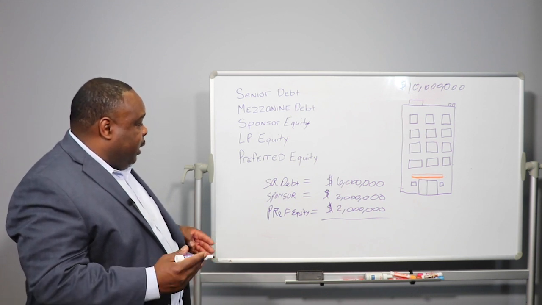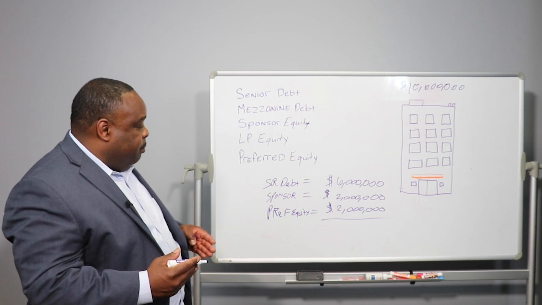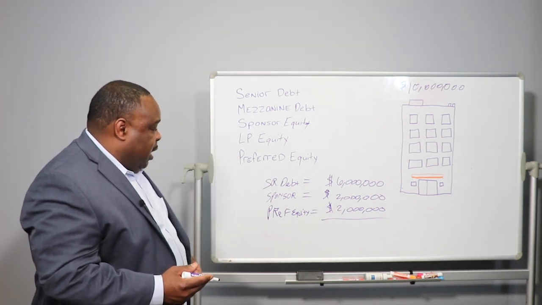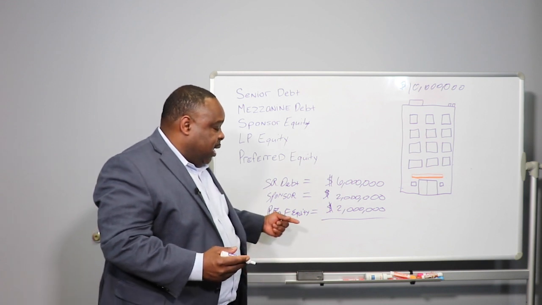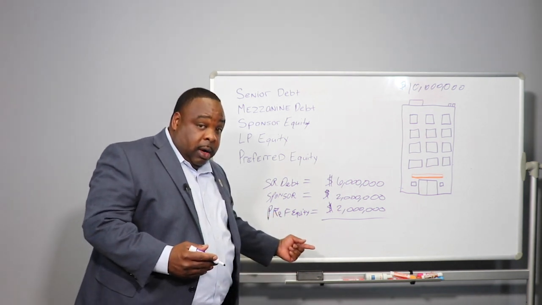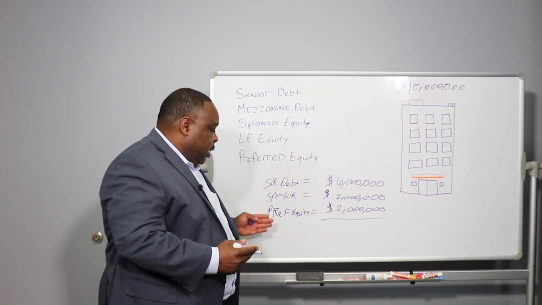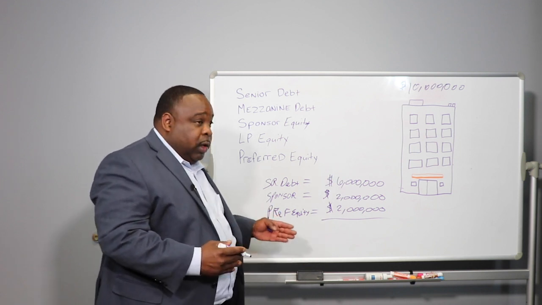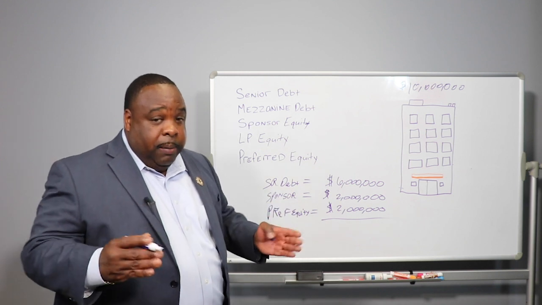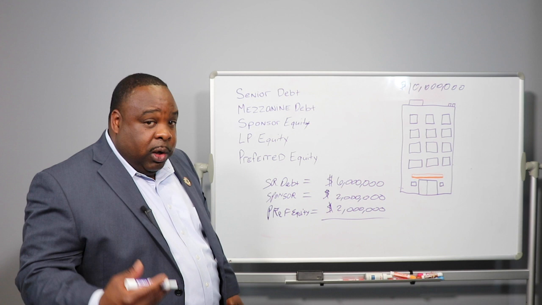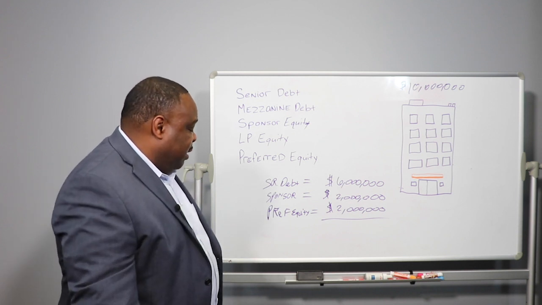But pref equity can be expensive because it's very similar to mezz debt. It's going to collect a preferred rate of return. That's why we call it pref equity. And again, we can have a podcast where we just talk about pref equity by itself and go into how that's underwritten and what the returns on that look like.